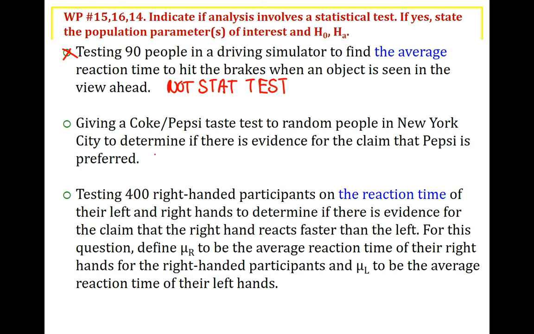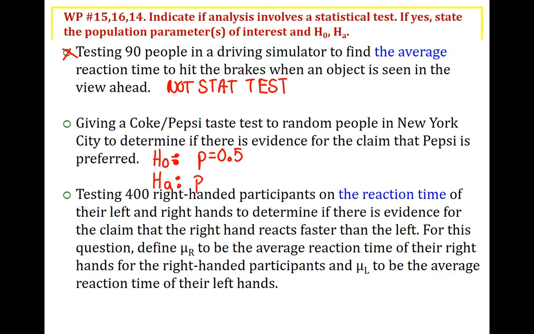So my H sub O would be that the proportion of people who prefer Pepsi is 0.5. That means nothing's going on. Half the people like Pepsi, half the people like Coke. And then in the second one, H sub A, and I should have put a colon here, sorry.